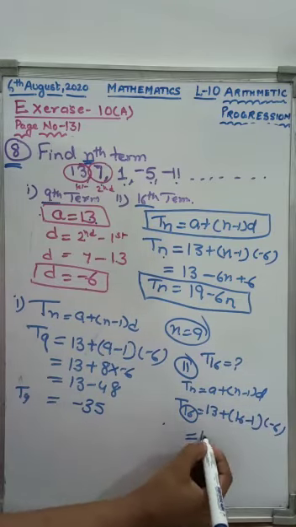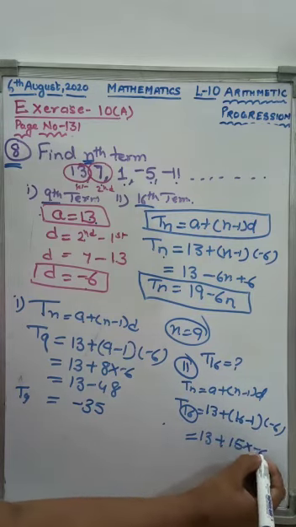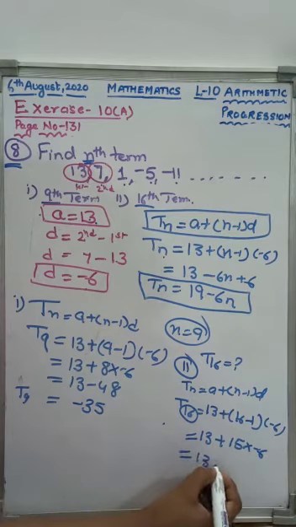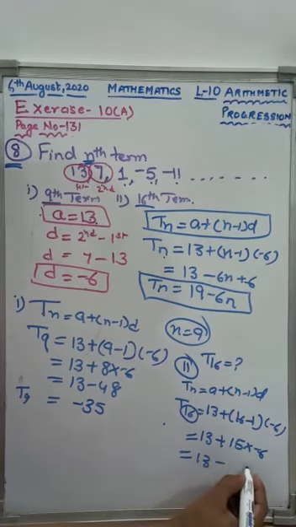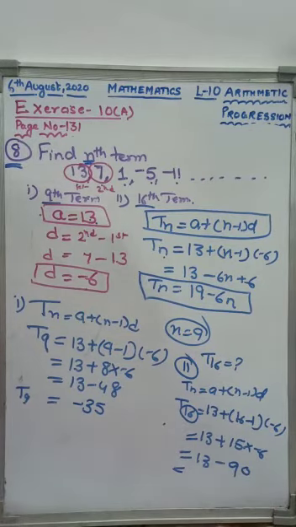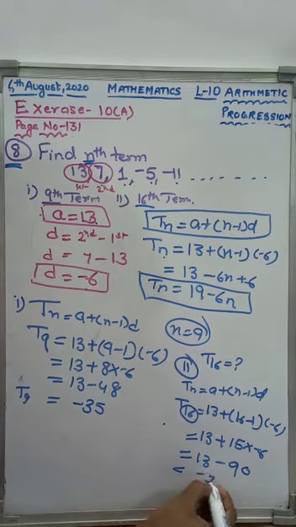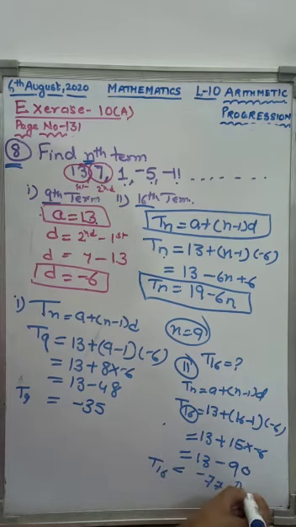So let us substitute 13, 16 minus 1 is 15, into minus 6. What is 15 into minus 6? Minus 90. So 13 minus 90 is minus 77. So this will be your 16th term.